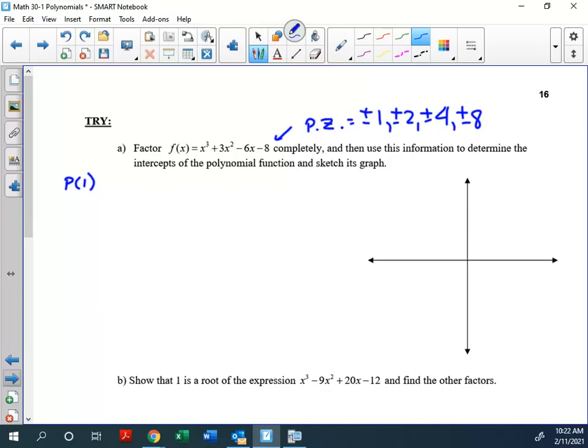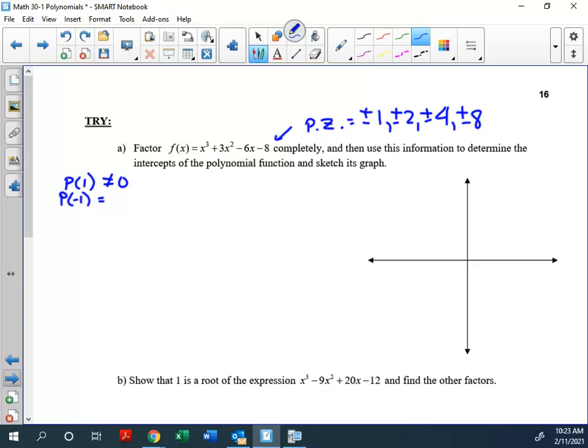1 plus 3 minus 6 minus 8. Nope, not going to happen, right? I don't care what it is, but I know it's not 0. Again, a scientific calculator will allow you to calculate this. You don't need a graphing calculator for that. Okay. We move on. We try another. -1.